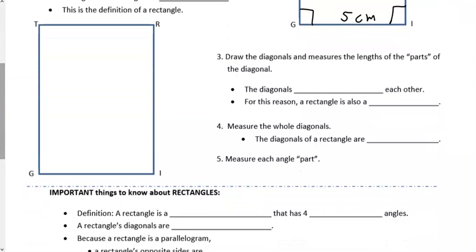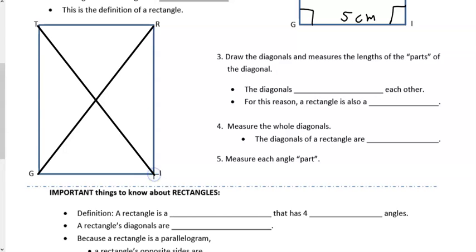Now, we're going to draw diagonals. You're going to do your best to draw, and use probably a straight edge. You go from here to here, and from T to I. Okay, now we're going to measure the lengths of the parts of the diagonal.